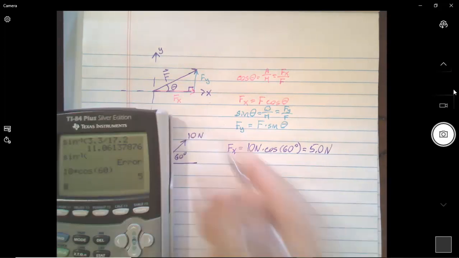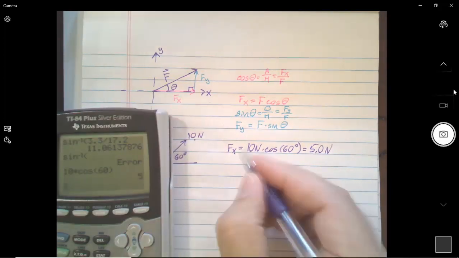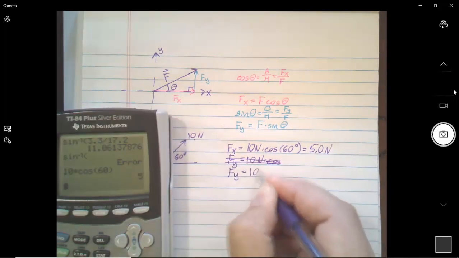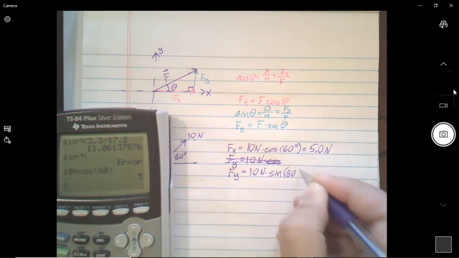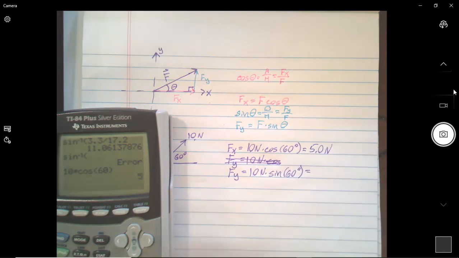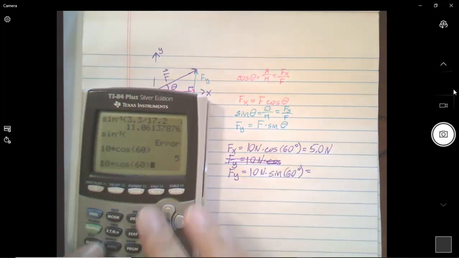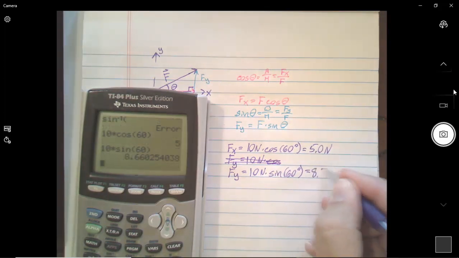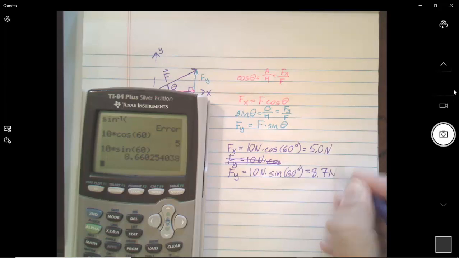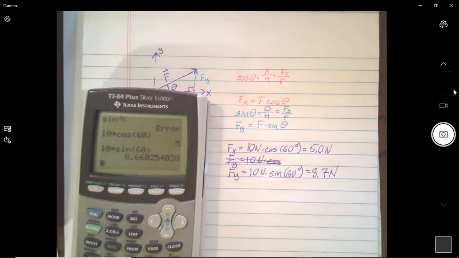We'll do 2 sig figs here, 5.0. For Fy, we'll have 10 newtons times sine of 60 degrees. Just change that to sine, and we get 8.7 to 2 sig figs, 8.7 newtons.